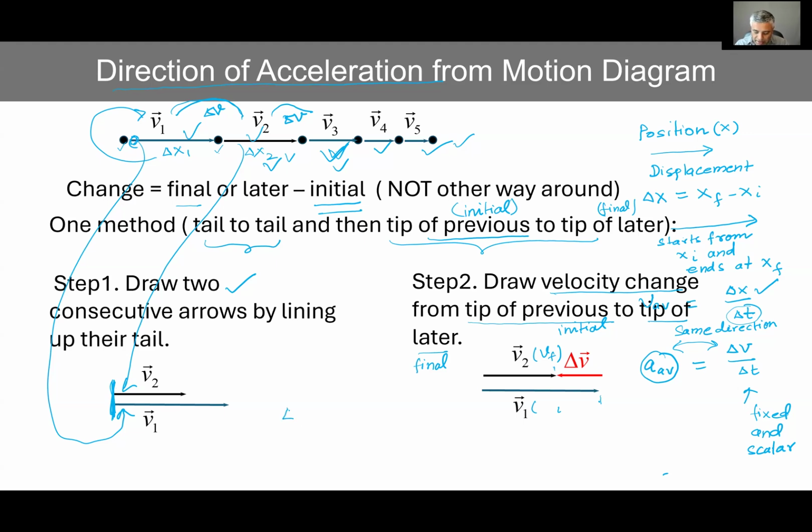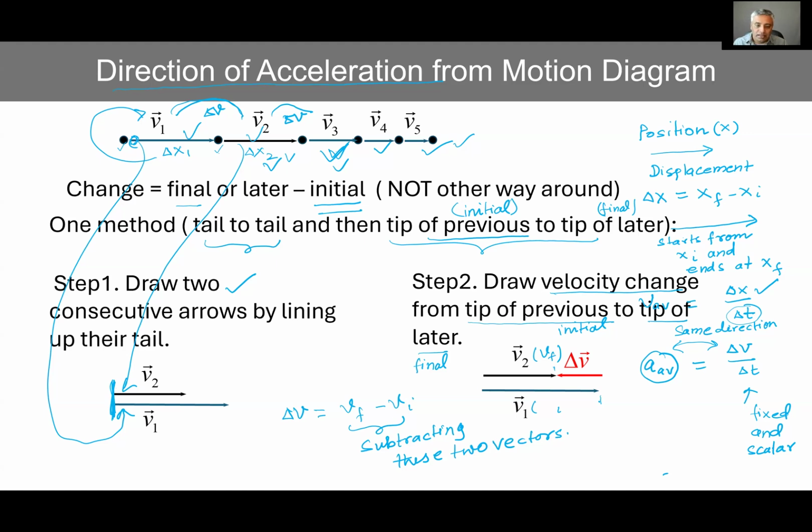And by the way, change means final minus initial. So what are we doing? We are subtracting initial from final. We are subtracting two vectors. Since a vector has a direction, it does not work like a regular number like scalars.